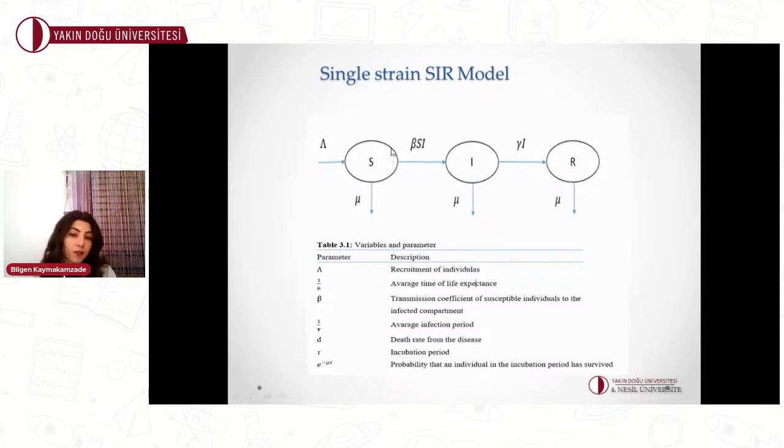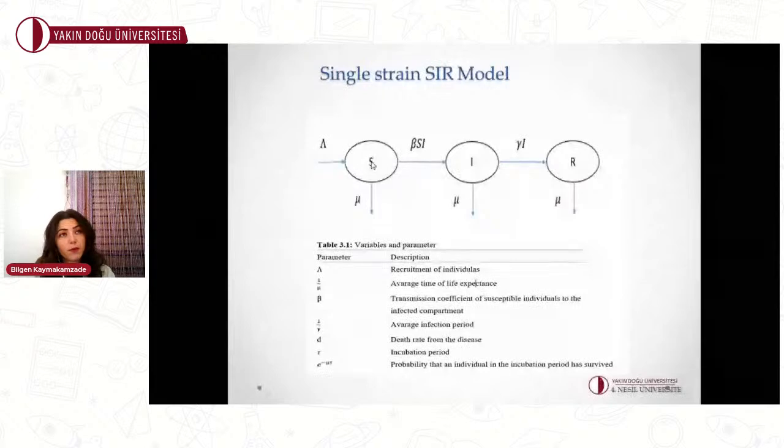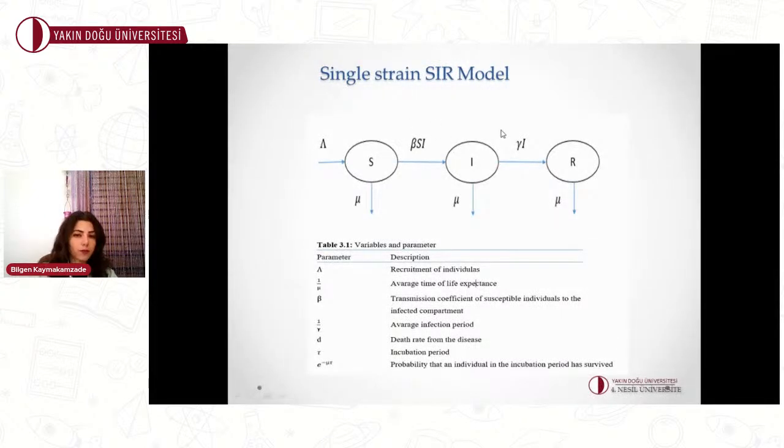So if any susceptible person has contact with an infected person, they can be removed from the S class and will become part of the infected class at the rate of beta. And any person can be removed from the infected class when they take treatment and recover from the infected class at the rate of gamma, and they can also be removed from that class by the natural death rate.